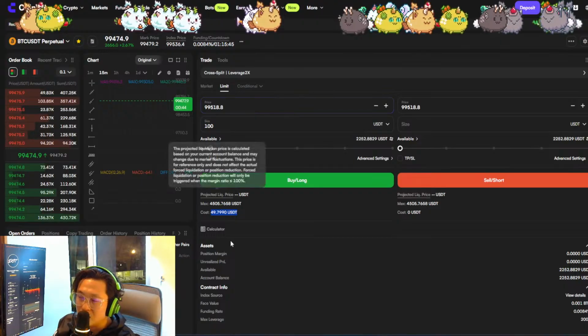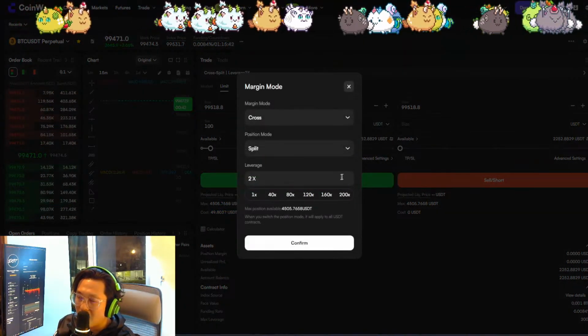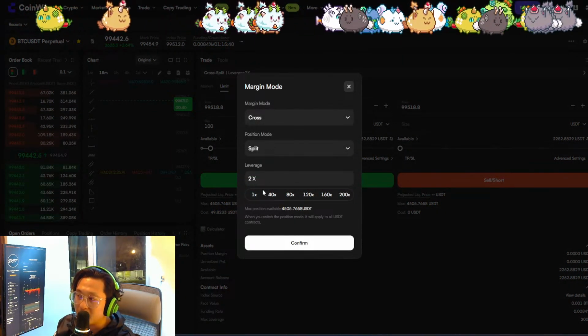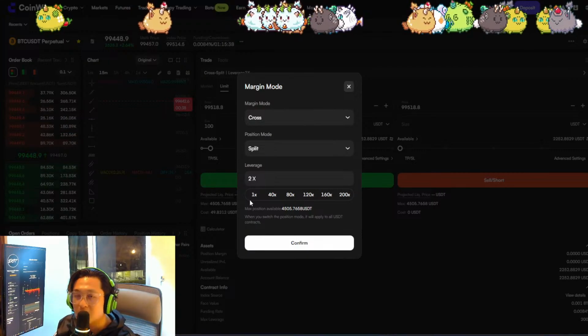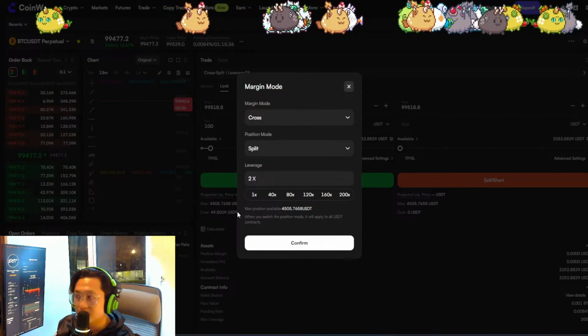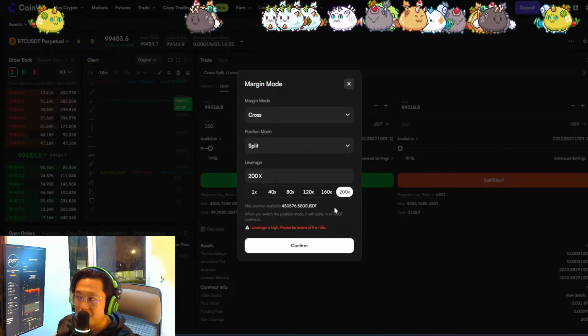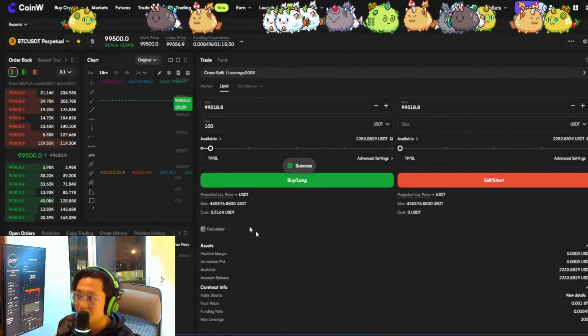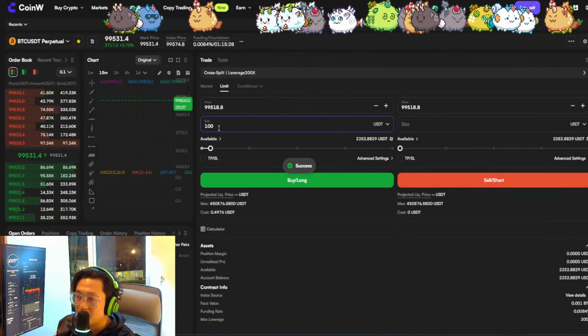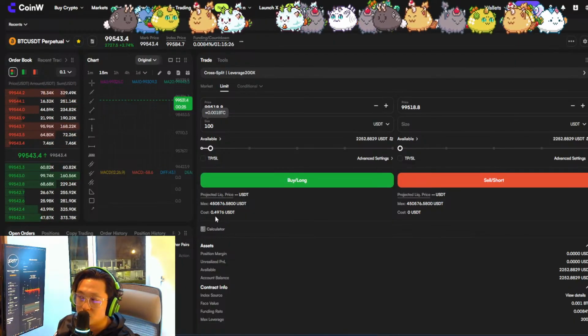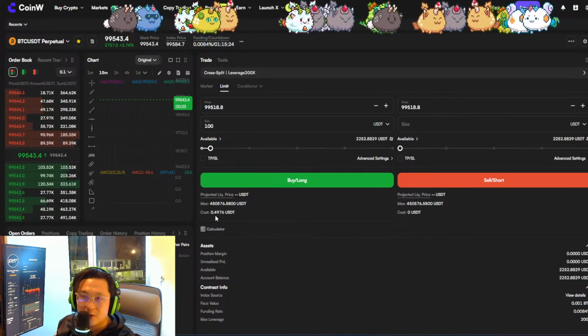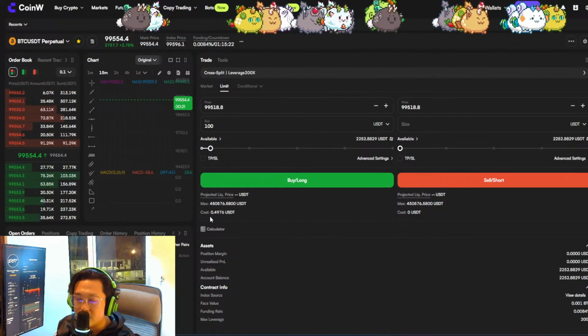So don't think of this as your friend, think of this as your enemy. And remember guys, every leverage has a fee. The higher you borrow, the higher the fee. Example, the highest one, 200x. Let's say you wanna open like 100. It only costs you 5 cents, but there is a fee behind it.